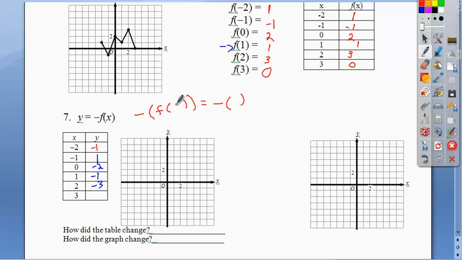And lastly, f of 3 was a value of 0, and negative 0 is neither positive nor negative, so I just leave it at that.